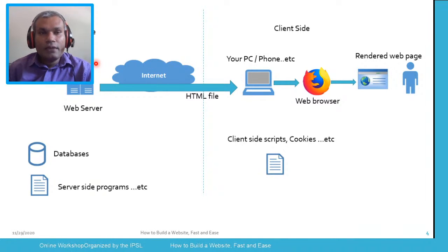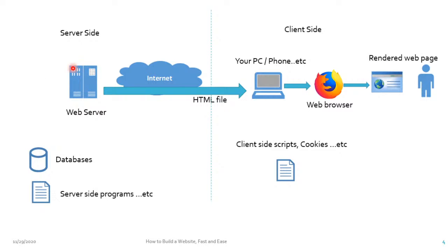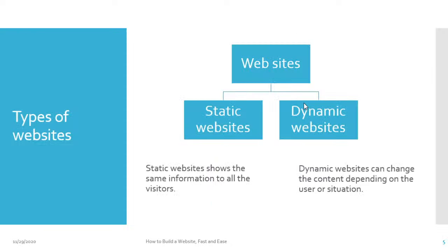That program is the one that generates the HTML code. So the developer doesn't directly write the HTML code. He writes a program to create the HTML file depending on the situation. Depending on the situation, this program might create different outputs. That's how dynamic websites work.